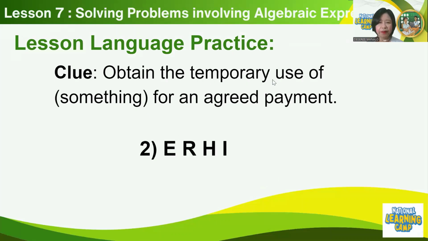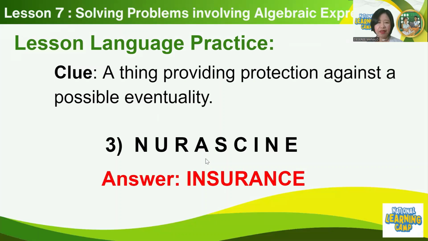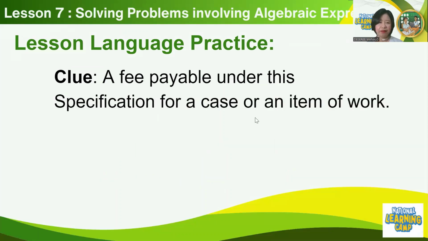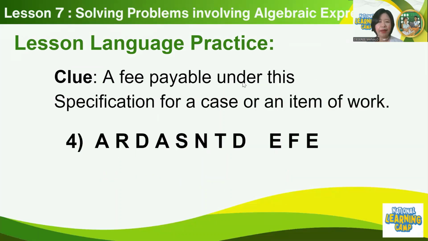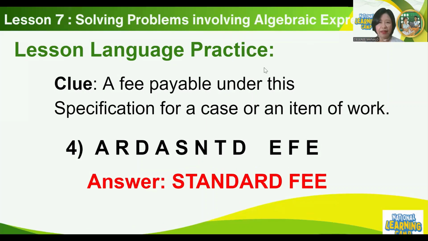Clue: obtain the temporary use of something for an agreed payment. Answer is hire. A thing providing protection against a possible eventuality. Answer is insurance. A fee payable under this specification for a case or an item of work. Answer is standard fee. I hope you answered all the 4 items.